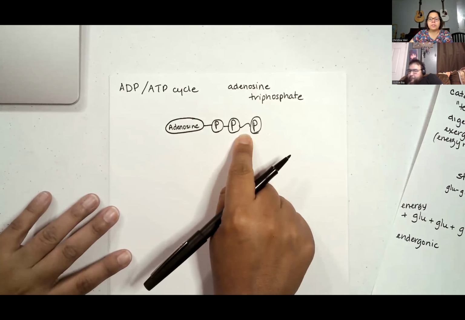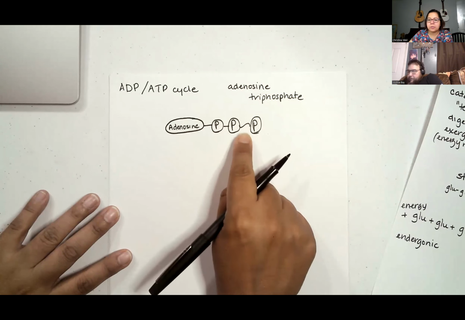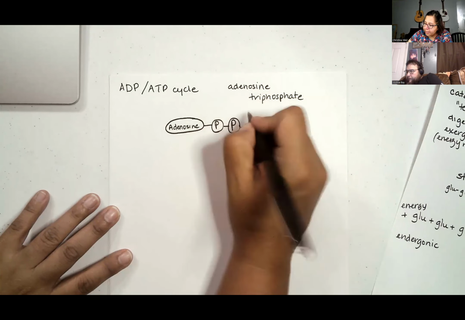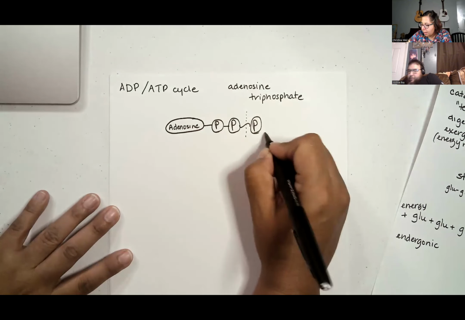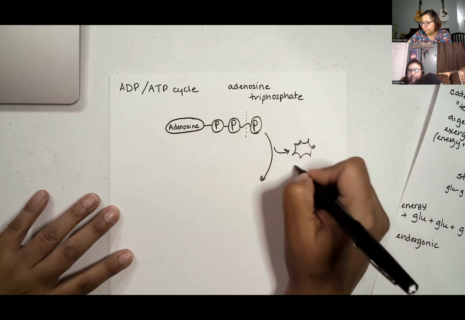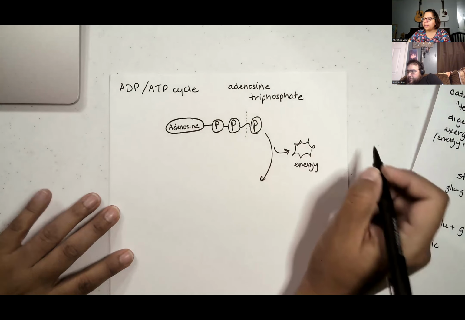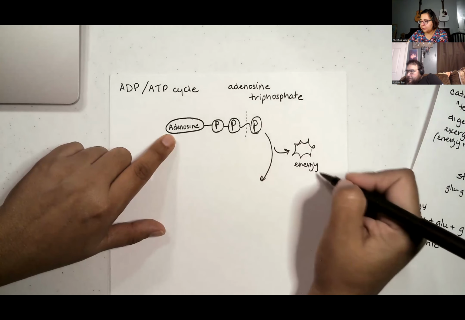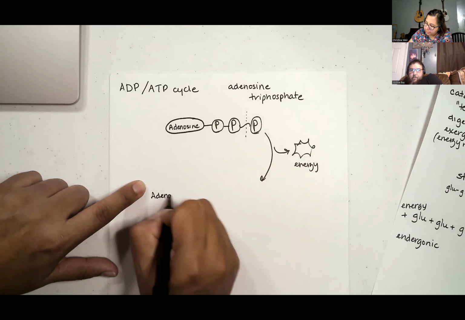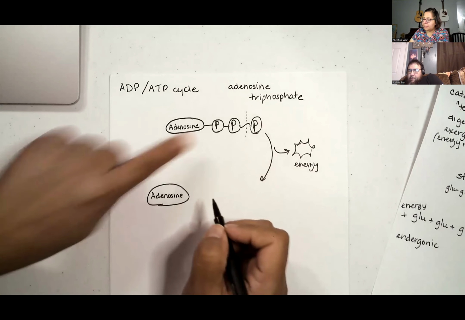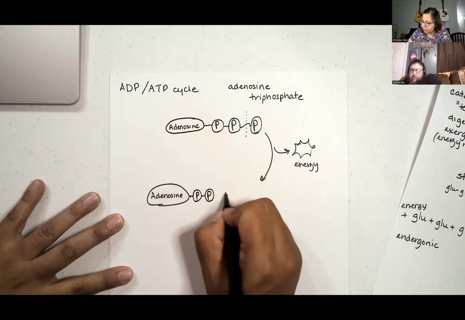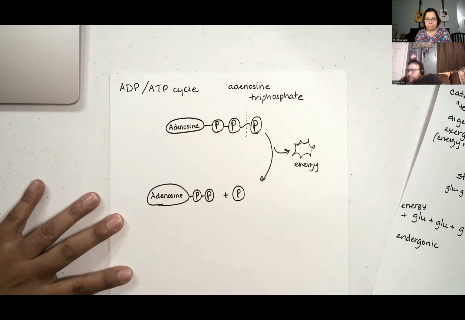The third chemical bond is usually drawn as a squiggly line because there's a lot of energy stored in that third bond. If I break this bond right here, I end up releasing energy. So the breakdown of ATP releases energy. What you get left over is your adenosine, but this time only 2 phosphates are linked up, and you have 1 phosphate that's all by itself.